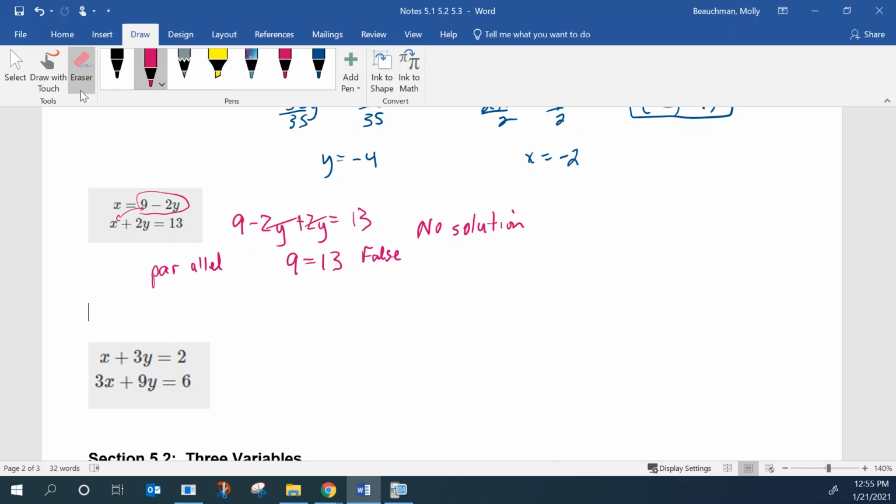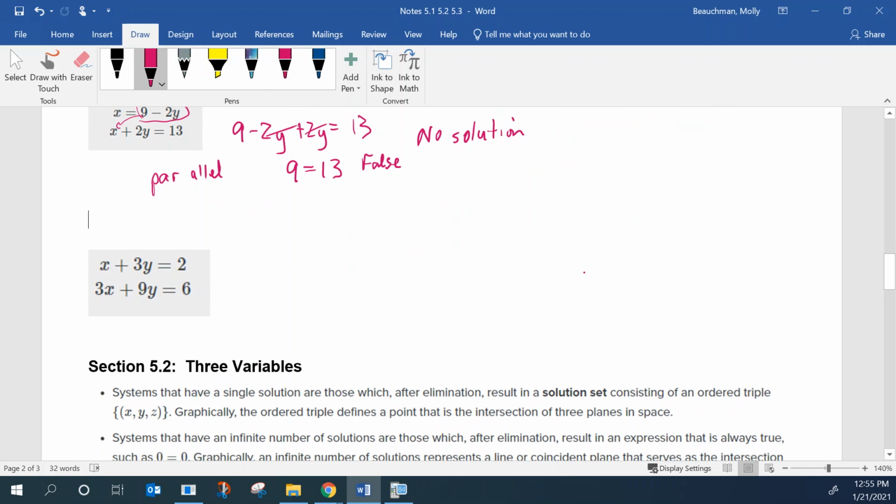All right, last example: we've got x plus 3y equals 2 and 3x plus 9y is equal to 6. I'm going to solve this one by addition. If I want to eliminate x's, I would multiply the top equation by negative 3. When we do that, we end up with negative 3x minus 9y is equal to negative 6.